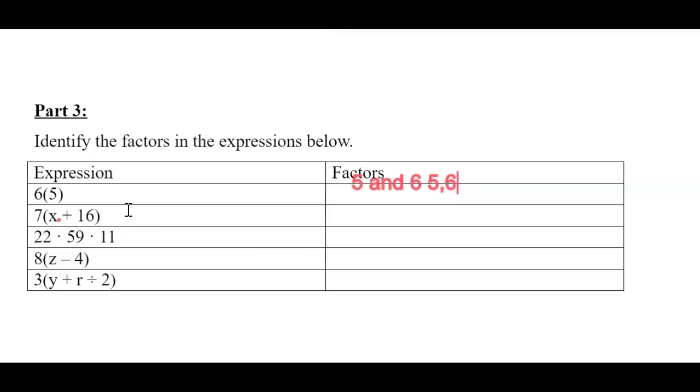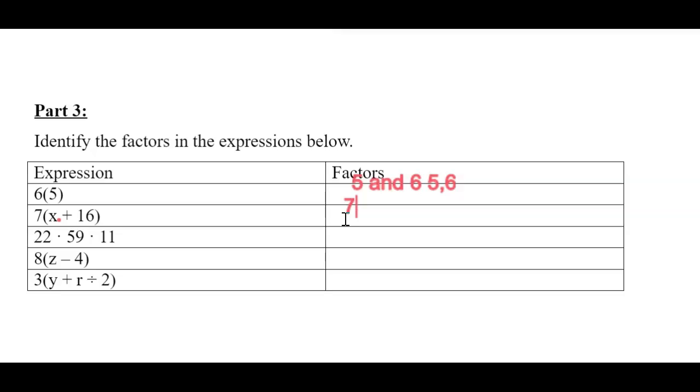Okay. The next one, we have 7, parentheses, x plus 16. What are the two numbers that we are multiplying? One of them is definitely 7. The other one is, since it's in parentheses, you're doing x plus 16.